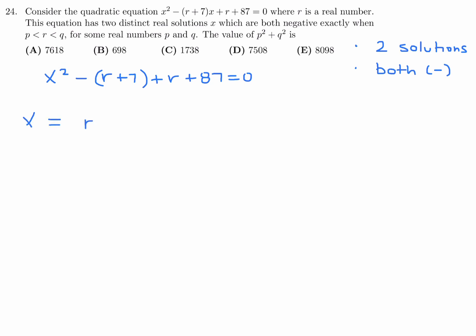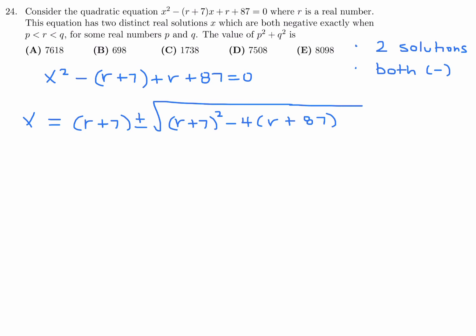So that would be negative b, which is r plus 7, plus or minus the square root of b squared, (r plus 7) squared, minus 4ac. A is 1 and c is r plus 87. And that's all over 2a, but a is 1.